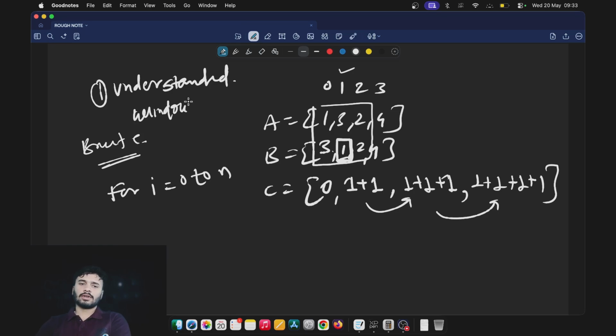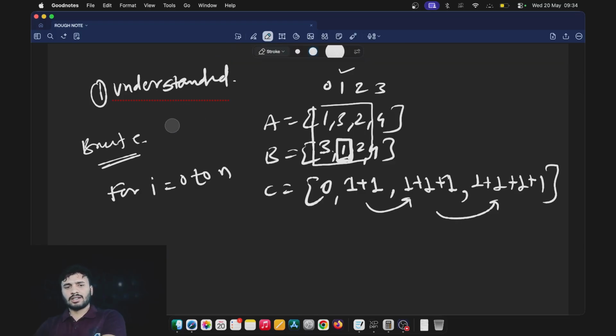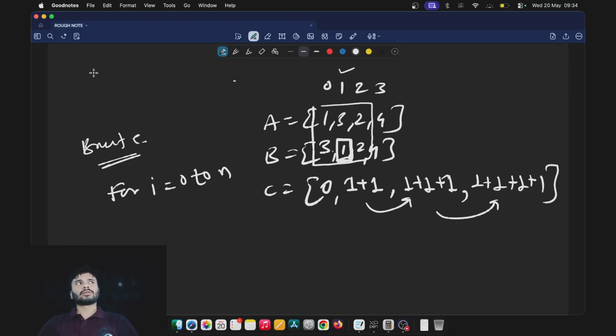We need some sort of data structure which will take these elements and tell us which are the valid ones. Not the window size, but some data structure where we put both arrays' elements into it, and it will give us how many are common.